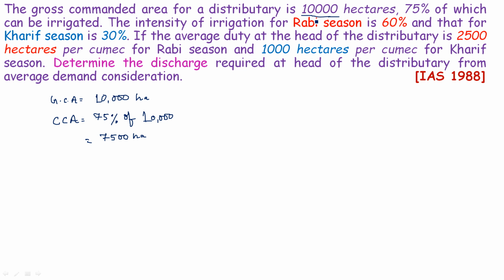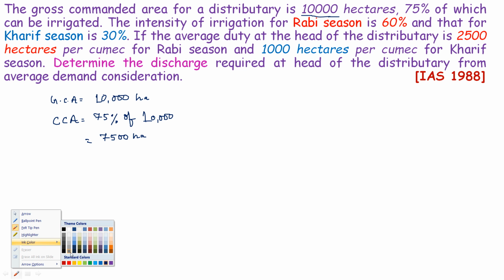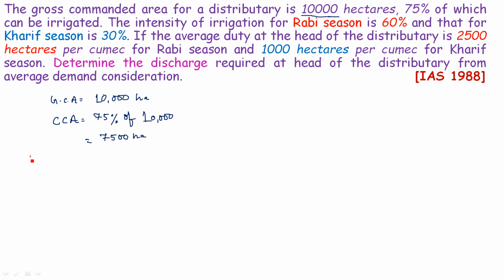It means in Rabi season the area which needs water for irrigation is 60% of CCA. 60% of 7,500 hectares, if we calculate it, will be 4,500 hectares. So this will be the area for Rabi season.